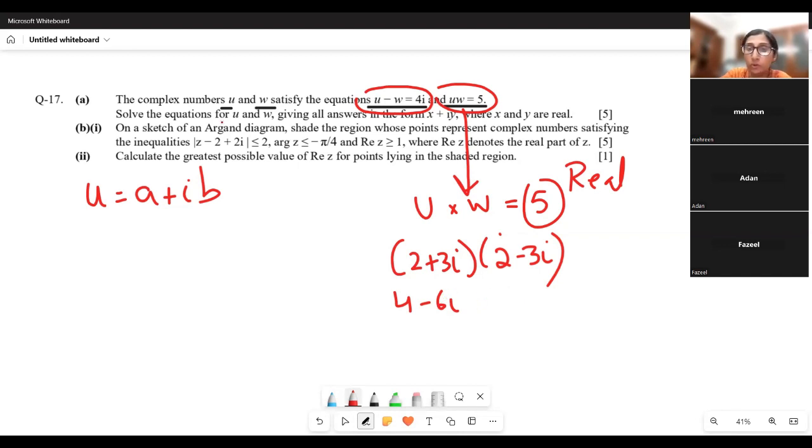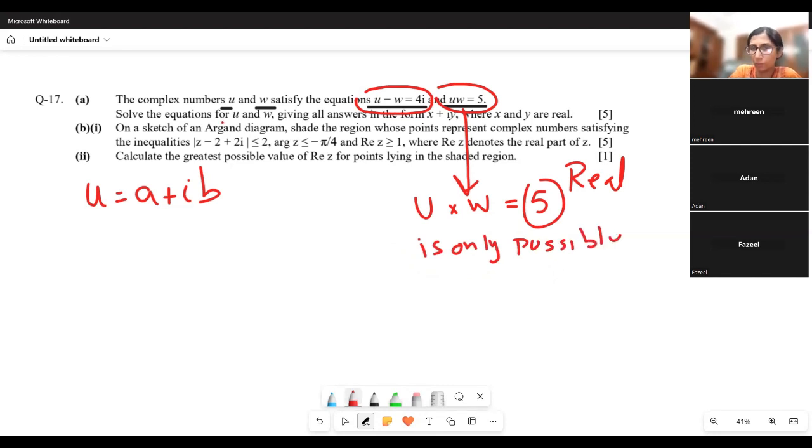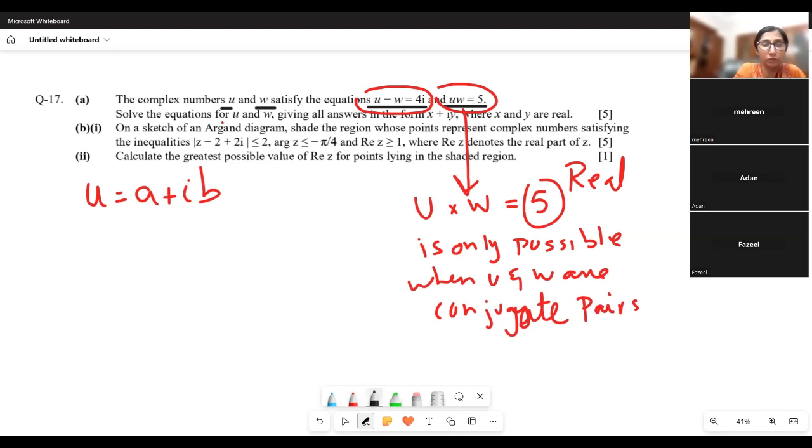So u times w equals 5 is only possible when u and w are conjugate pairs. That means w would be a minus iota b.